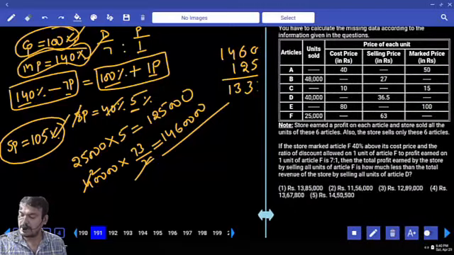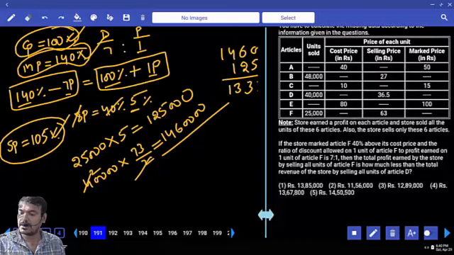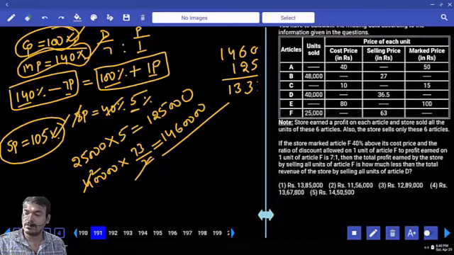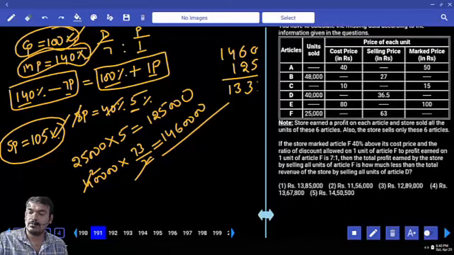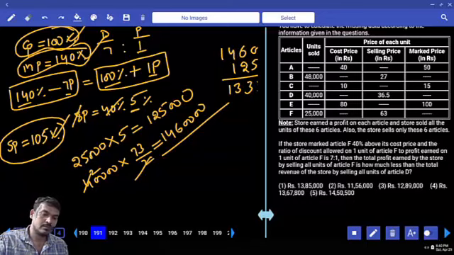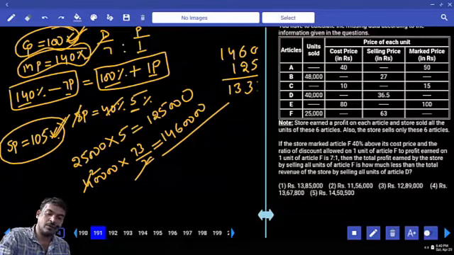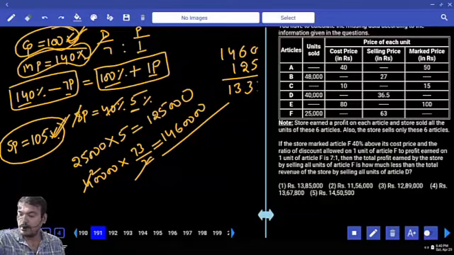36.5 means it is how much? We require the selling price of all the articles D. 40,000 into 73 by 2. For each one, profit 5 rupees. How many articles here?